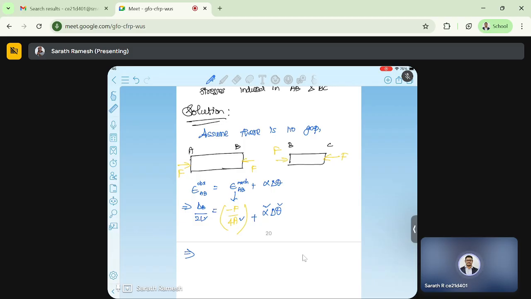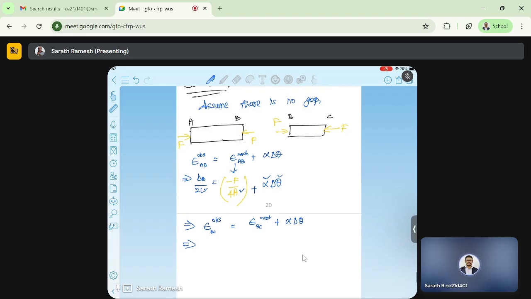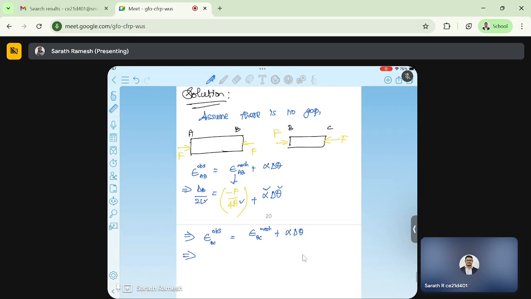And similarly, we can write epsilon BC observed as epsilon BC mechanical plus alpha delta theta. So epsilon BC observed is what? Epsilon BC is delta BC by L, right?